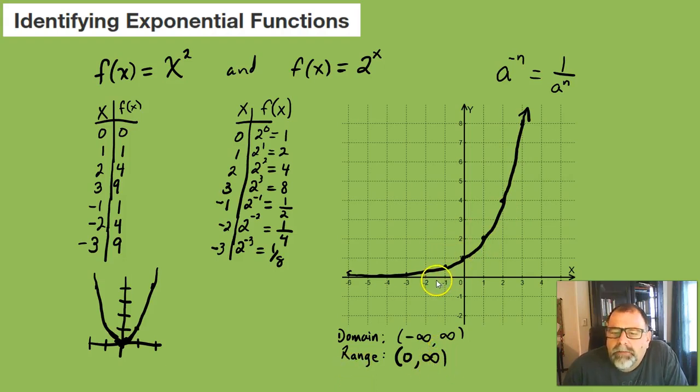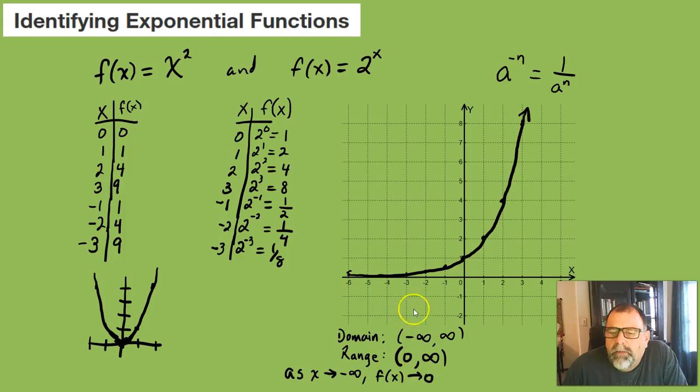We have an asymptote, so remember with our notation, the left side is approaching 0. As x approaches negative infinity, f of x approaches 0.